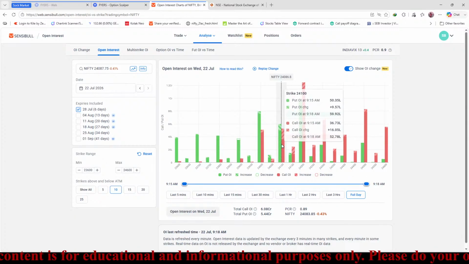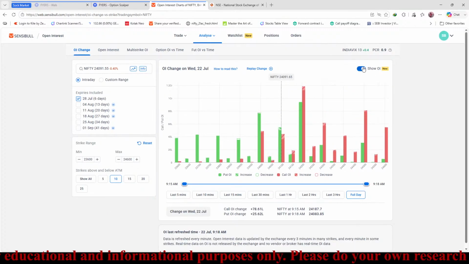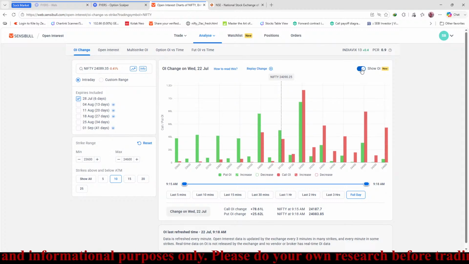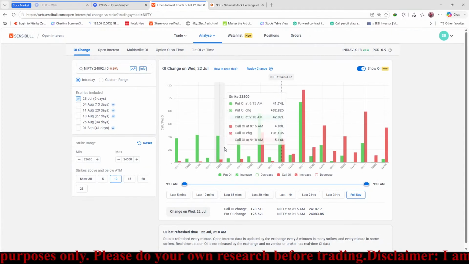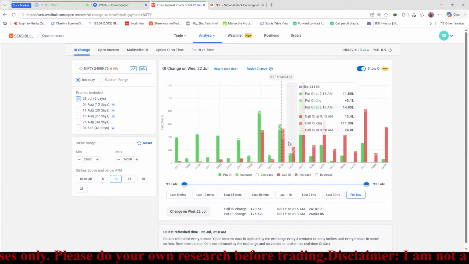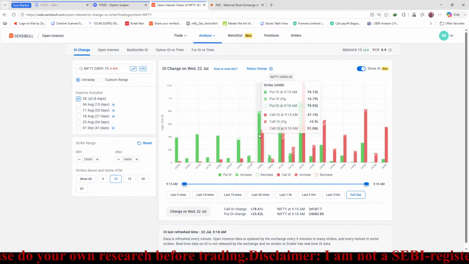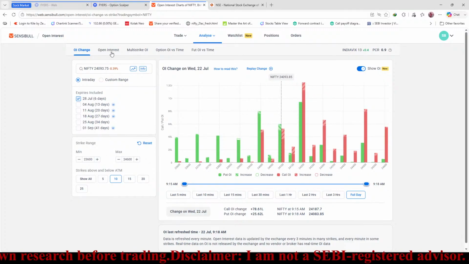And then 24,100 is increasing. See, 24,100 call is also increasing. 24,000 put also, the puts on both sides are increasing.